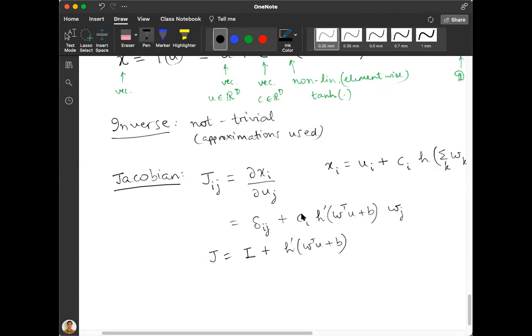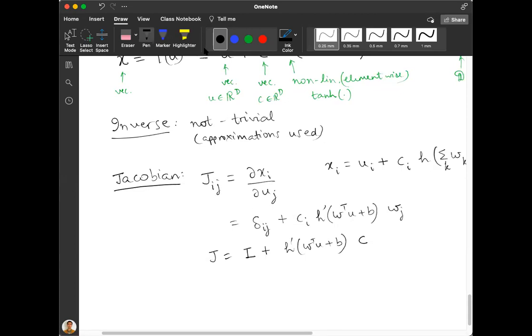This is just a scalar thing. And then c_i times w_j can be written as the vector c times the vector w transpose. Am I writing it incorrectly?